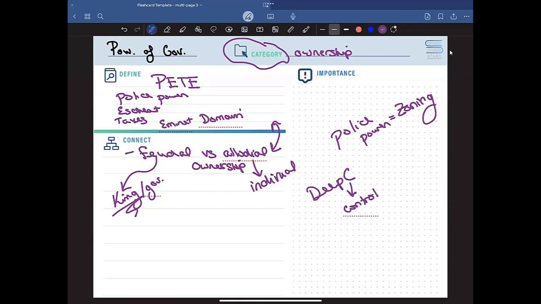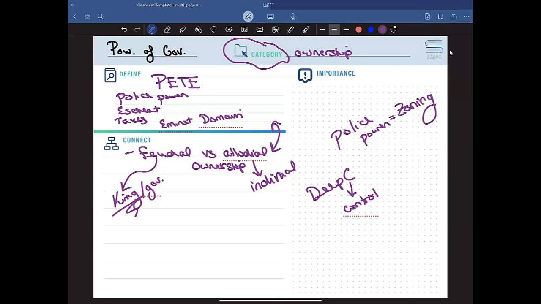That control means you can do what you want with it. But are you going to be allowed to build a hazardous waste factory in your residential home? No, because zoning is not going to allow you. Police power is the idea that even though it's your land, they have the right to tell you what you can and can't do with it, to a certain point.